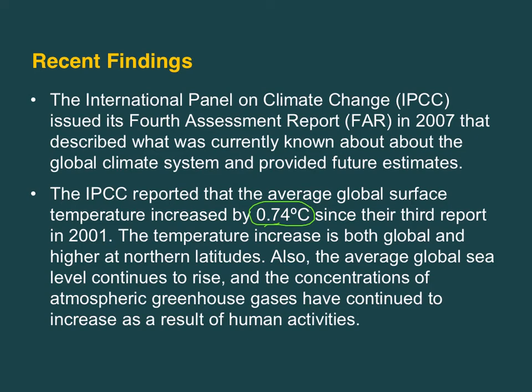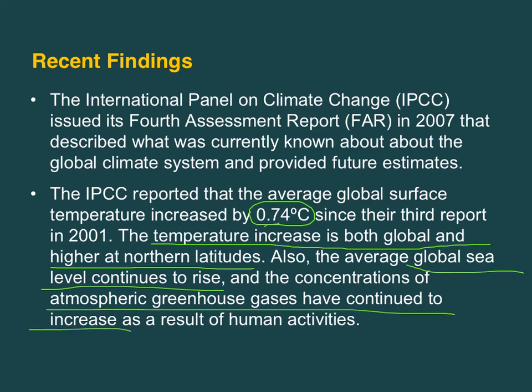All right, so we saw this increase be global. We covered almost the entire world, and we saw it a little higher at the northern latitudes than the southern latitudes. And we also saw global sea levels rising. And thirdly, the concentration of greenhouse gases also increased.